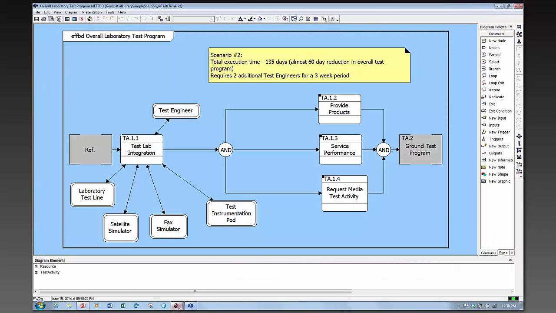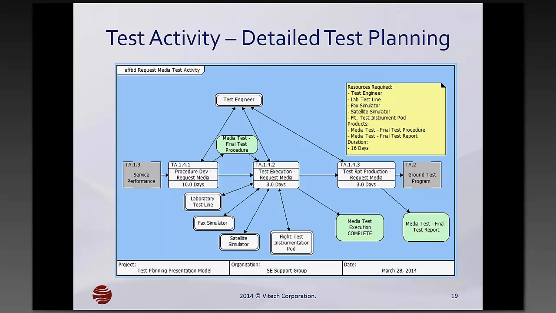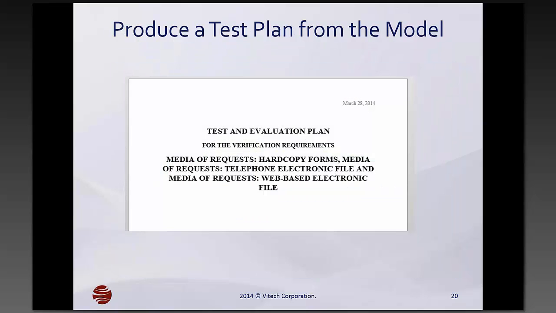And then finally, back in our presentation here, so we can do this detailed test planning as a systems engineer. And then finally, the last thing I can do is I can produce a test and evaluation plan from the CORE model.